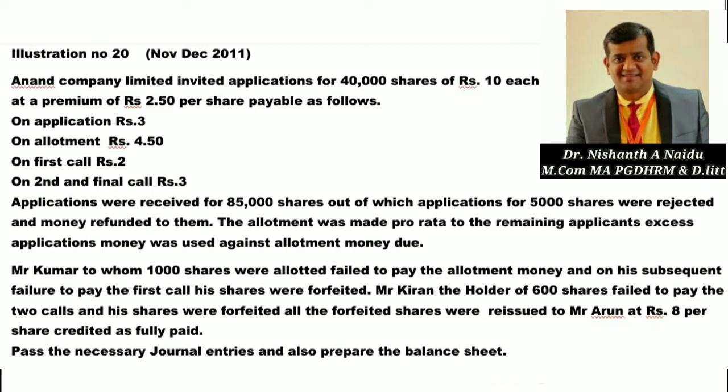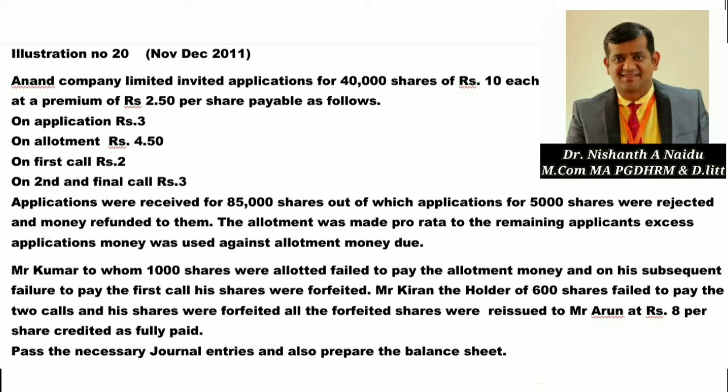The allotment is again made pro rata, so the excess application money has to be adjusted to allotment money. The company has invited 40,000, so 40,000 into 3 rupees we are going to transfer to the capital account, and the other 40,000 into 3, we are going to transfer to the allotment account.